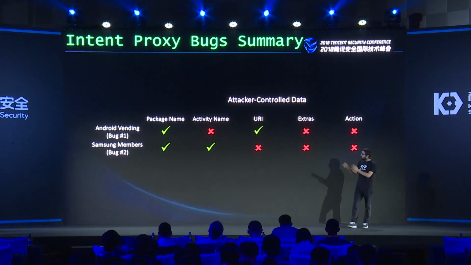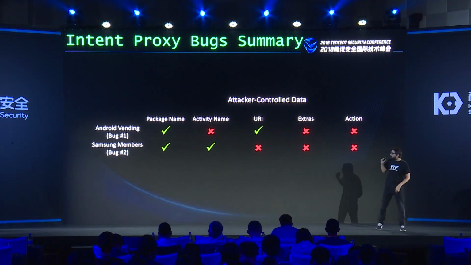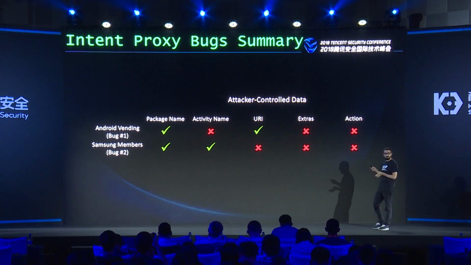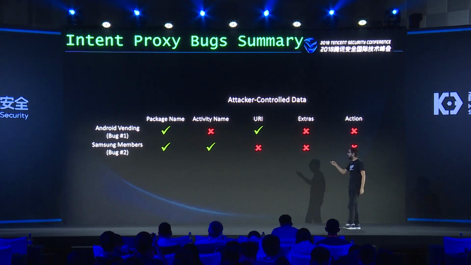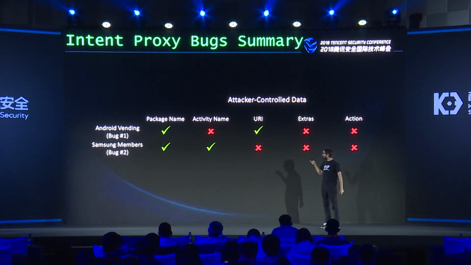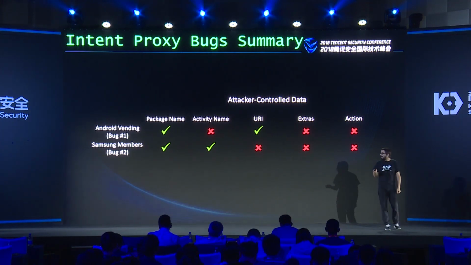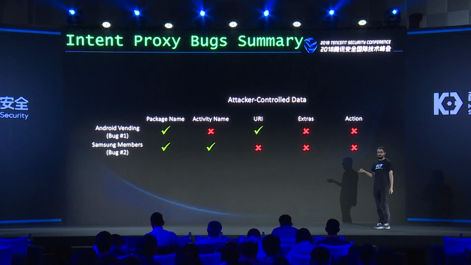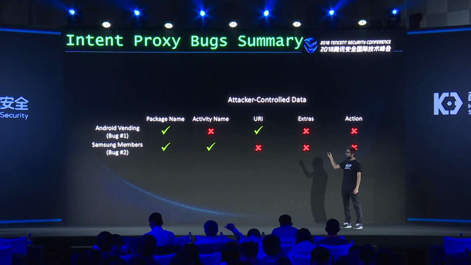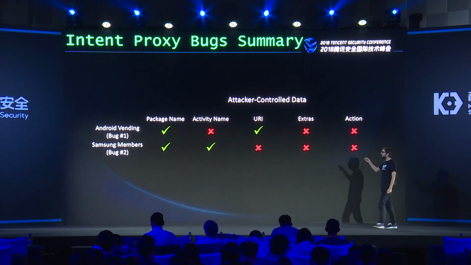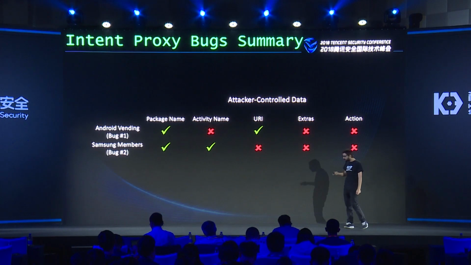All right, this is just a quick recap of what the intent proxy bugs look like and why they're so different. The first one, in Android vending, allows an attacker to specify a package name and a URI. This is what is called an implicit intent. The implicit intent relies on the package manager to look up those two things in a manifest and decide if this intent belongs to the application or not.